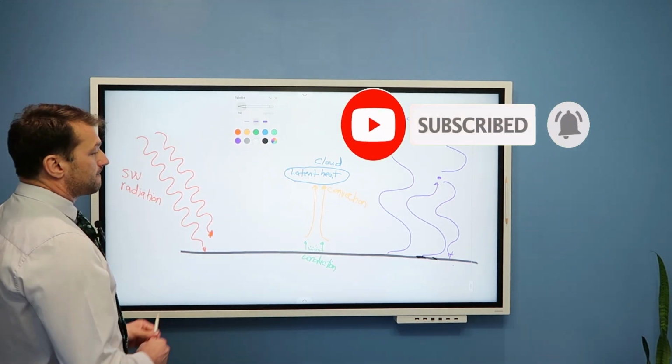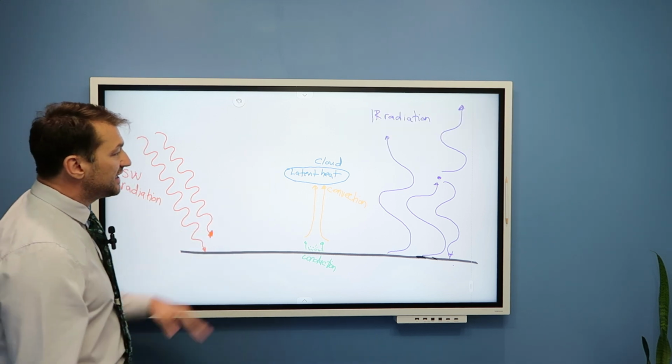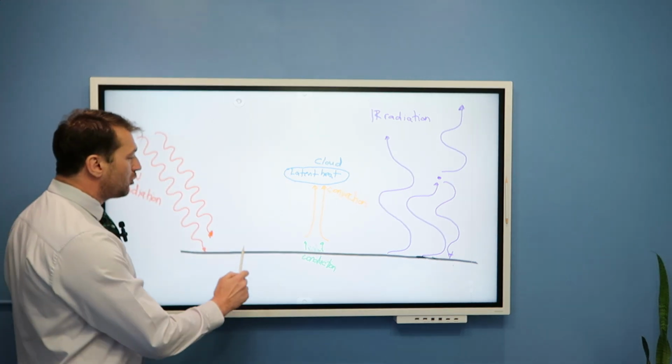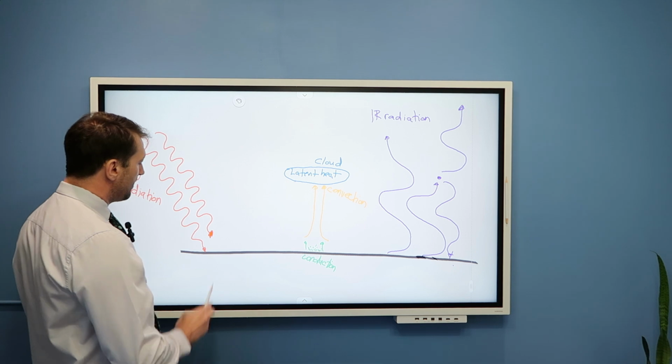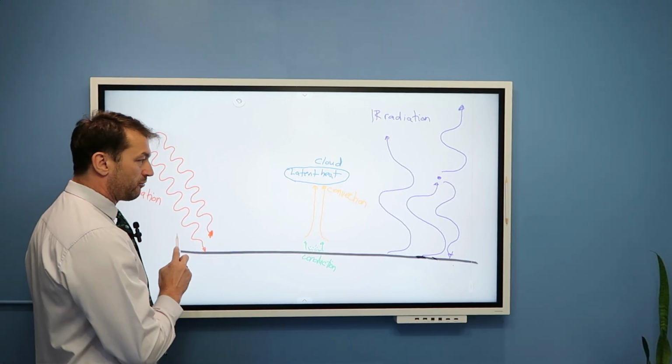So, to summarize this, how is the atmosphere heated? How is the air heated? You can see that predominantly atmosphere is warmed from underneath. Very little of solar radiation is directly absorbed by the atmosphere.